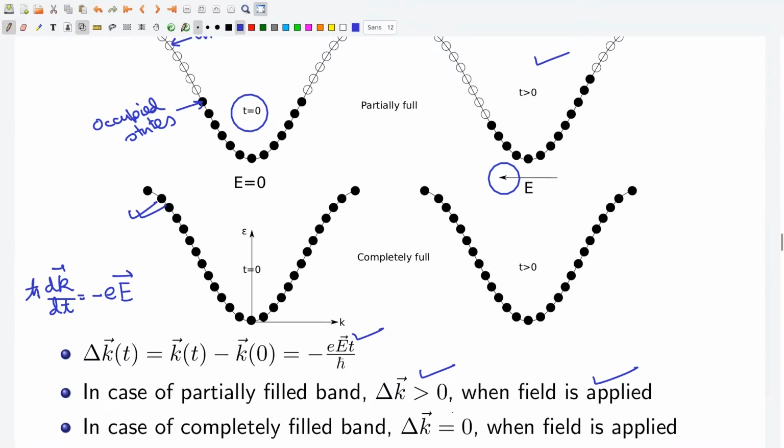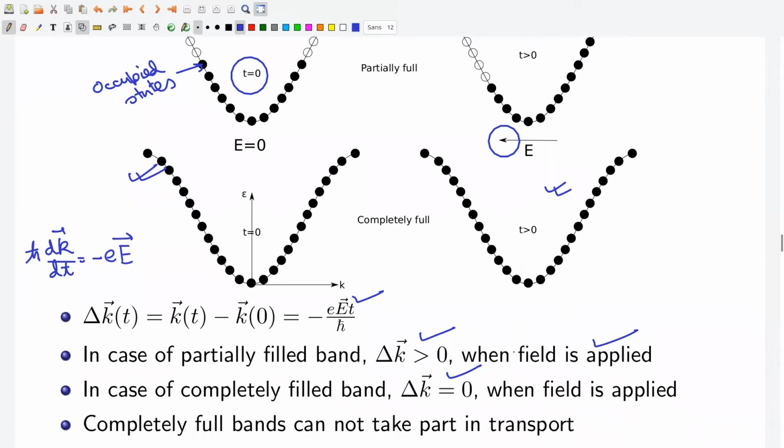In this case, delta k is equal to 0 even in a finite electric field, as shown here. As a result, we cannot get any current in the case of a completely full band. In conclusion, completely full bands cannot take part in the transport process.